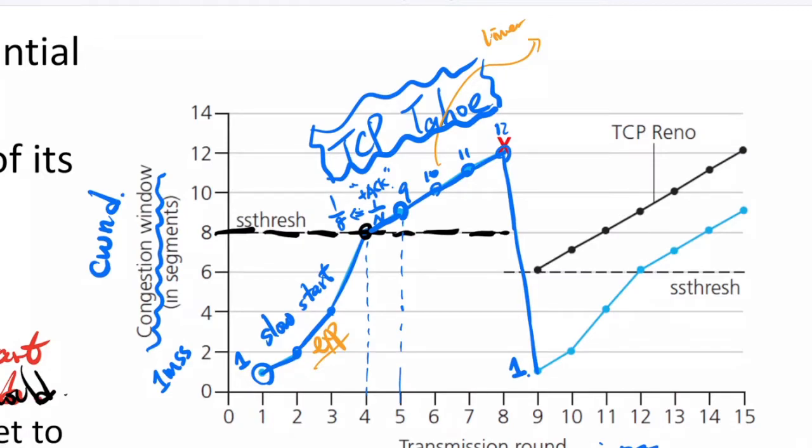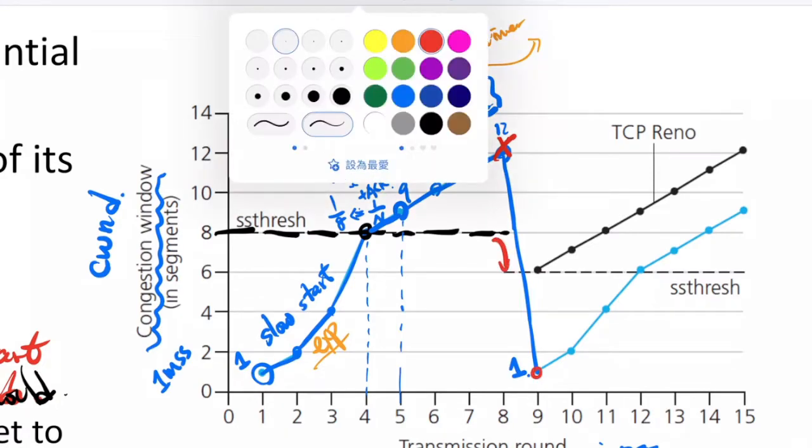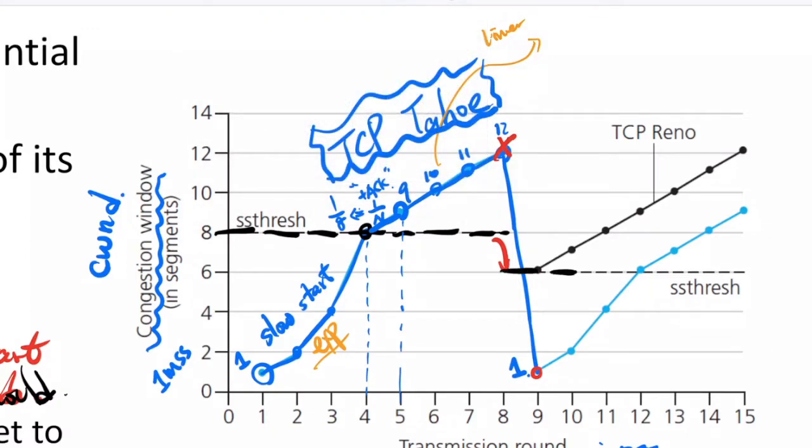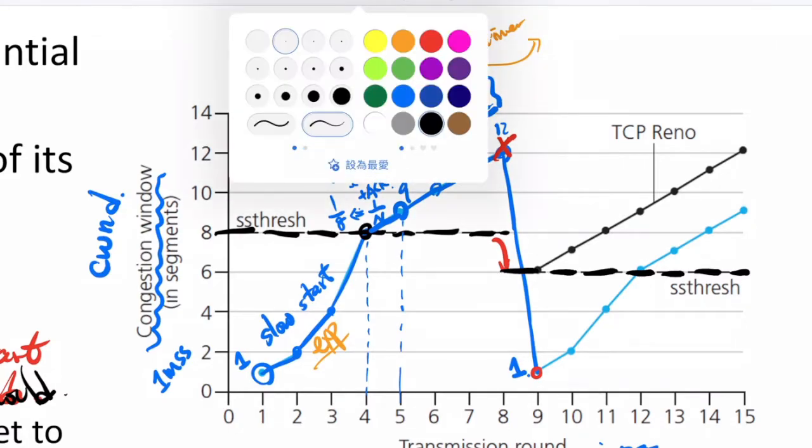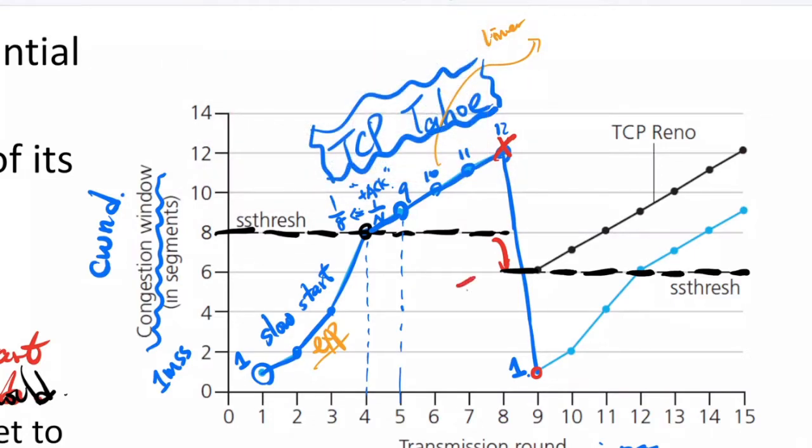And after that, because that is a loss, your slow start threshold is also decreased to half of the congestion window size. Because originally it's 12, right?